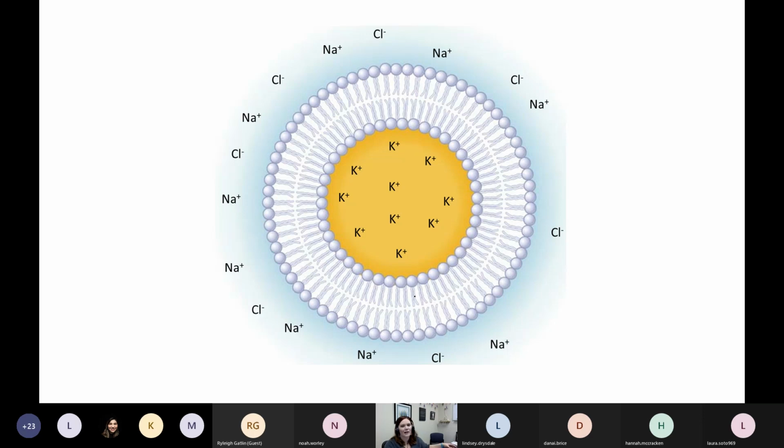What would I say that cell is? Exactly. When I say that a cell is polarized, I mean that the charge that's inside that cell is different from the charge that's outside that cell. And because of that, my cell is going to be able to do different functions.